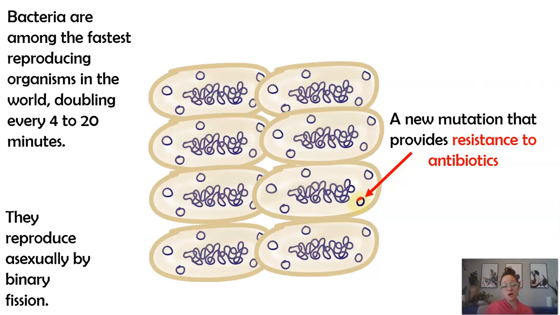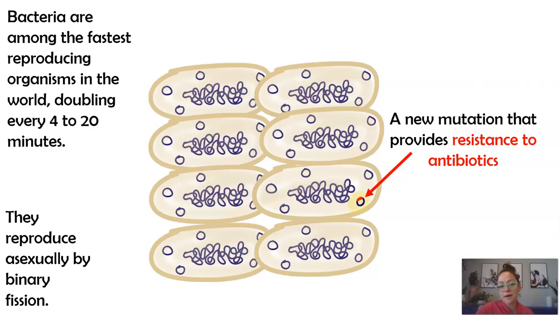So mutations happen constantly, and if a mutation occurs that provides resistance to antibiotics, well, in certain environments, that would be considered high fitness. If these bacteria were never exposed to antibiotics, that would be a neutral mutation. Antibiotics generally work by targeting certain proteins or aspects of the bacterium.